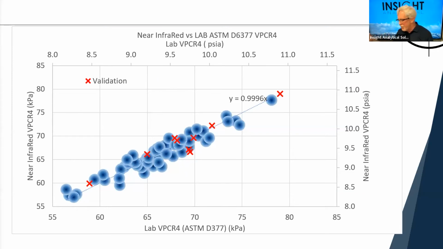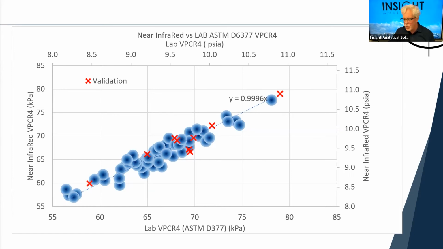Some other data from a couple of other applications: we do butane blending into diluted bitumens. So this is lab vapor pressure on the x-axis, measured vapor pressure from the JP3 on the y-axis. You may wonder why I made the dots so big, but it's to show that those dots cover what plus or minus 1 kPa would look like.